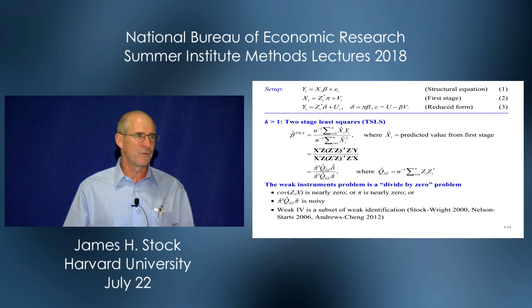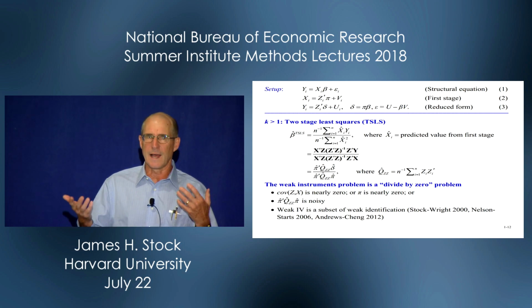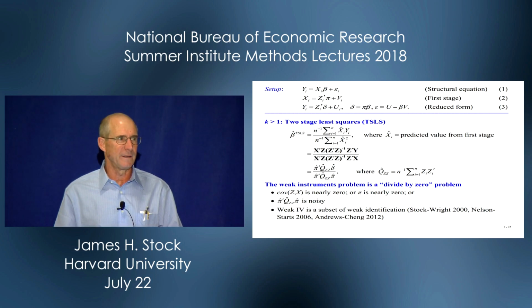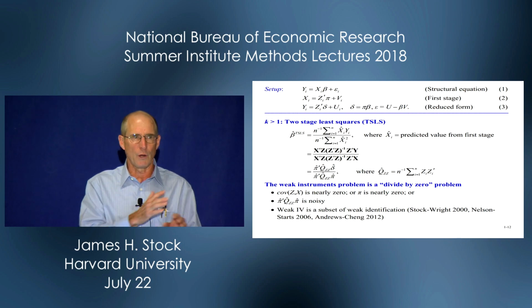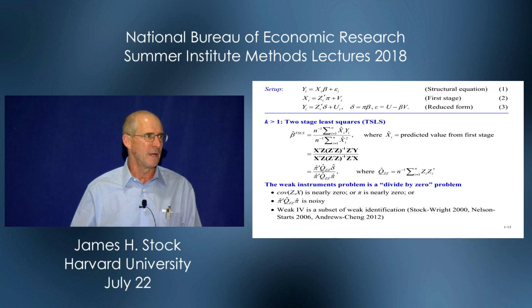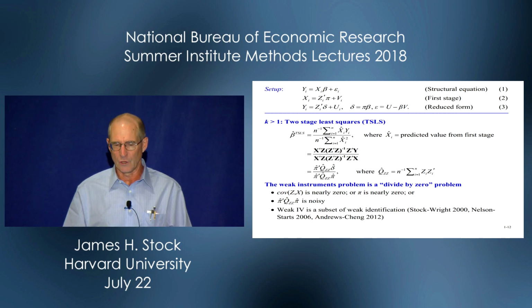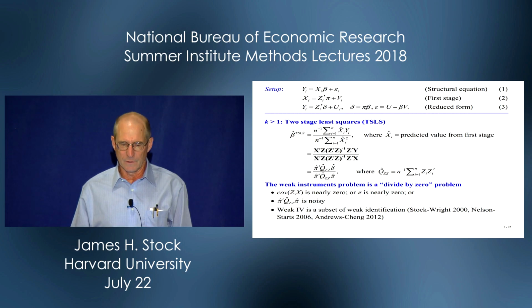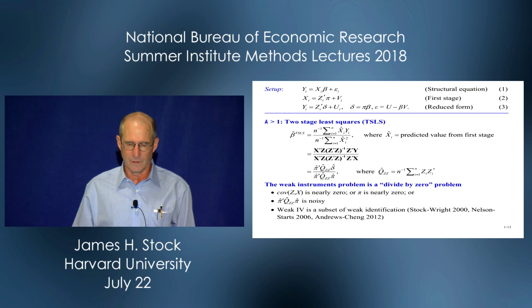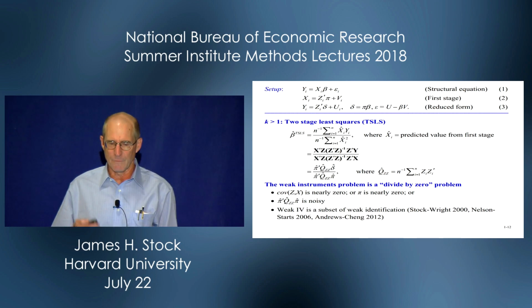In fact, if the true value of pi were 0, then that thing in the denominator is kind of like a chi-squared, and you can get values that are really small, and there's a lot of noise in the denominator, and that can totally mess up your distribution. So the weak instruments problem is really just a glorified divide by 0 problem, and you just need to be careful that you're not doing that.